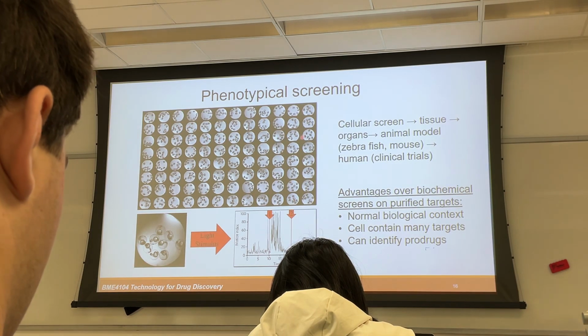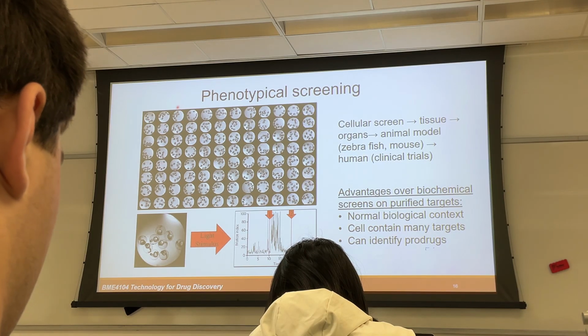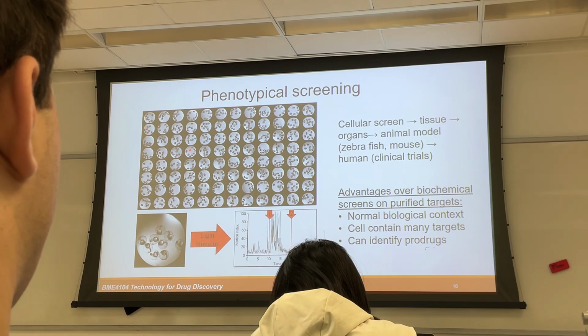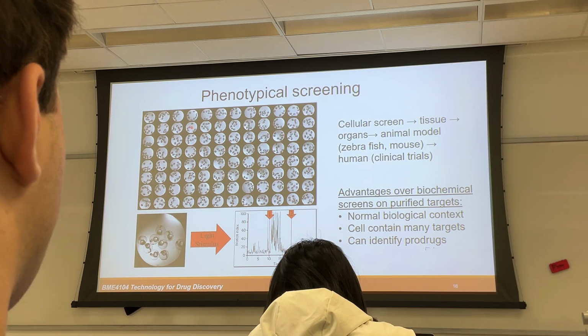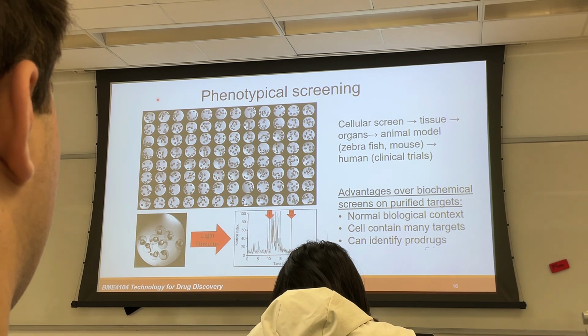Okay, so here is an example I want to show you. So those are 96 well plates, and in each well we have several embryos. You can see the round circles, one circle is one embryo. And into each well, we add one molecule.